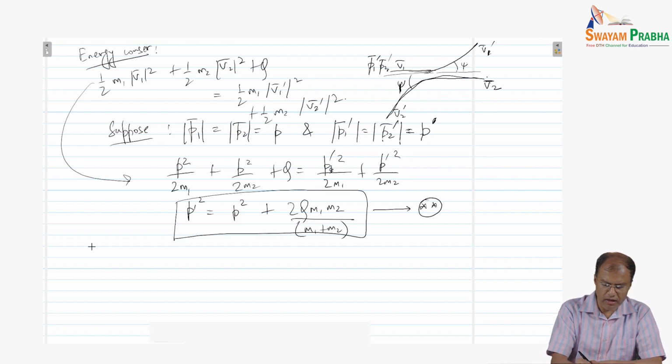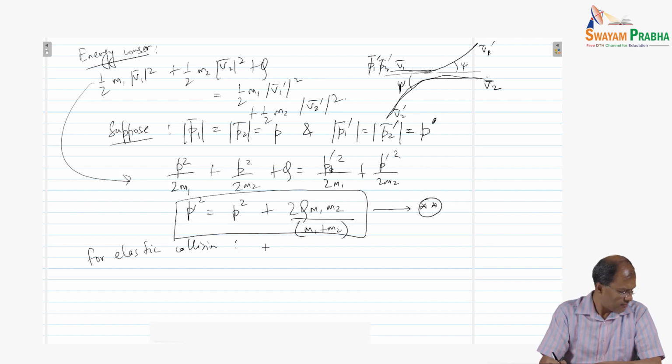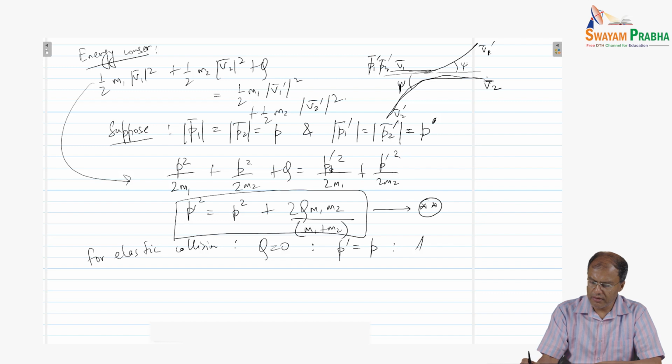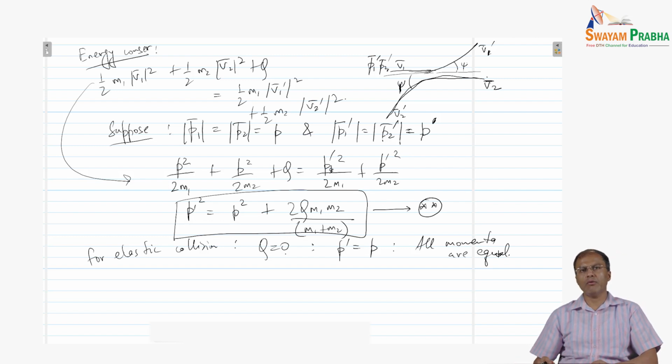And then let us look at the special case of elastic collisions. For elastic collisions, we see that Q is 0, and in this case P prime is P, and all momenta are equal, whether it is the initial momentum or final momentum of any particle.